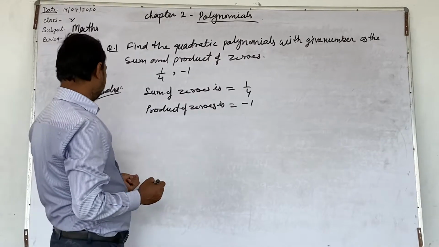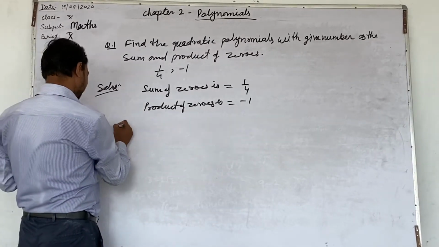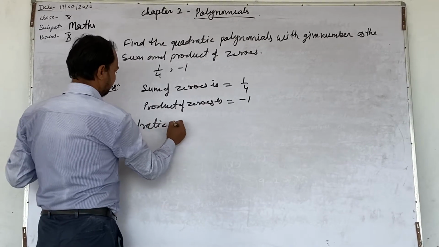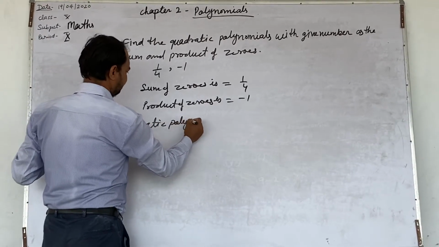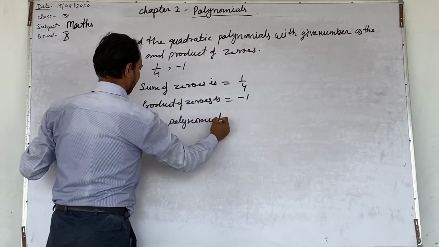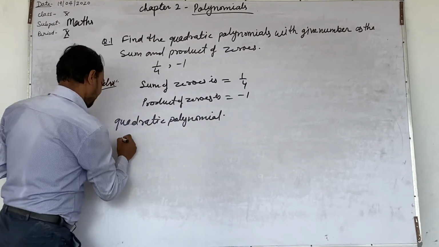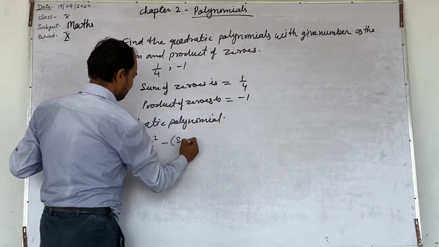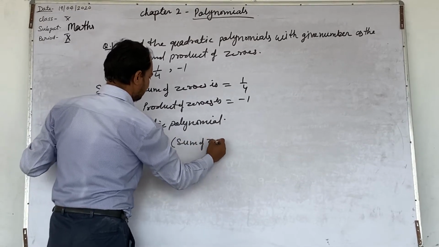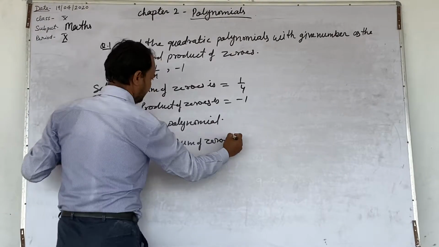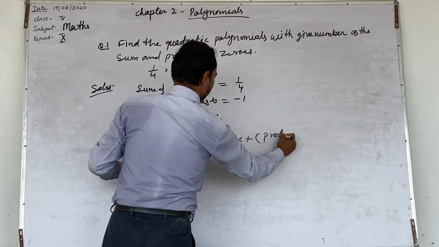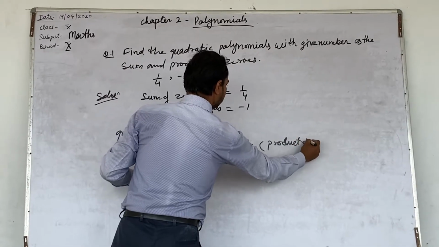Since we know that a quadratic polynomial is x square minus sum of zeros into x plus product of zeros.